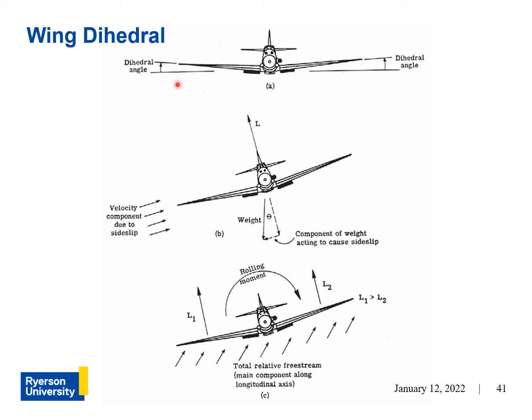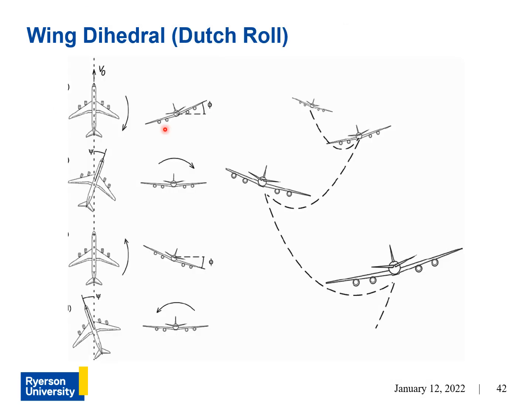Now, there is such a thing as too much dihedral, and that produces an effect called Dutch roll, which I'll talk about in the next slide. If you have too much positive wing dihedral, you'll end up with Dutch roll, where if your aircraft is disturbed, it will try to stabilize itself, but the rolling moment produced will be too much.